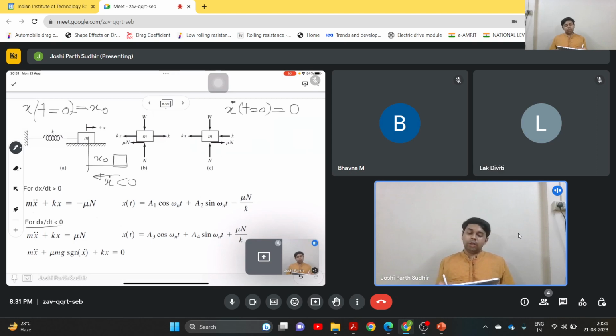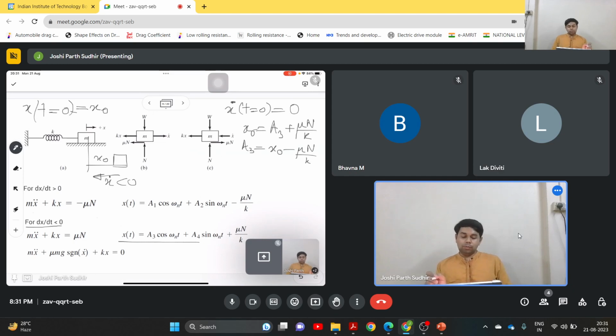If we substitute t equal to 0 in this solution, with a3 cos omega n t, we will get x naught is equal to a3 plus mu n by k. So a3 we will get as x naught minus mu n by k.